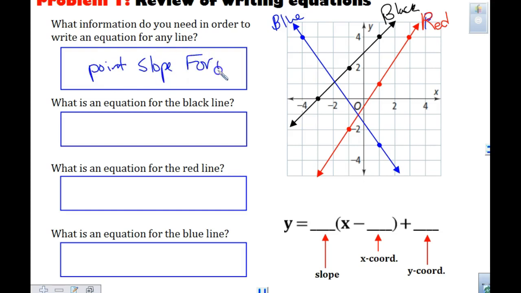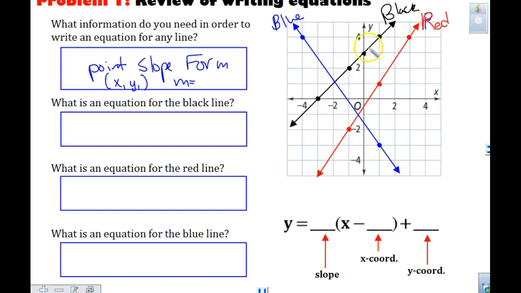So point slope form is when you know what your m is, right, our slope, and you know a point. You have your x1, y1, and you have the slope m. So using that information, we want to write an equation for the black line. Now, it looks pretty nice that it looks like we can even tell where our y-intercept is on that one. So could we even go with slope-intercept form? We could. What do we know our slope is if we use like these 2 points?